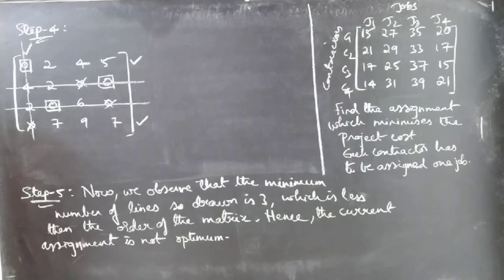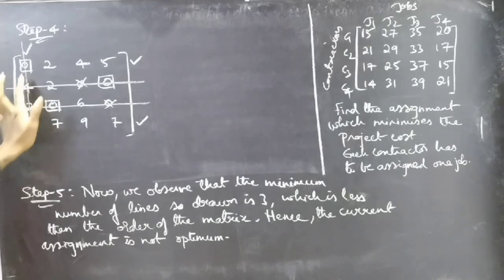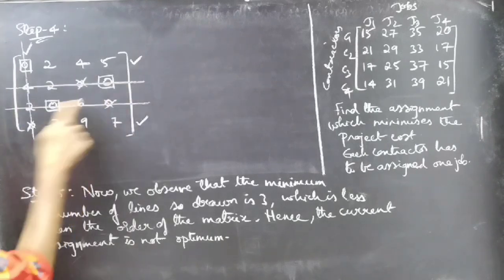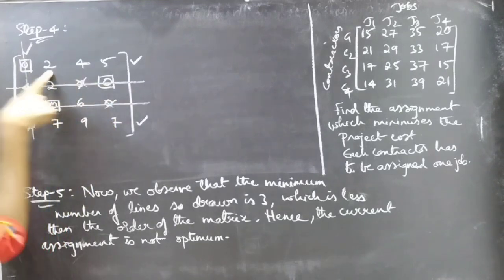So what we'll do is we'll pick the least element which is uncovered. We'll pick the smallest element which is not covered by these lines. So the smallest element which is not covered by these three lines is 2, right?